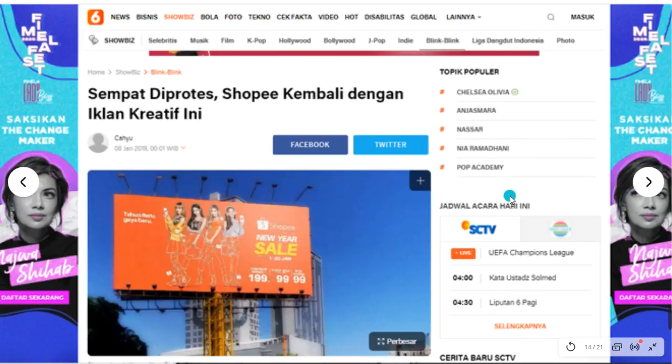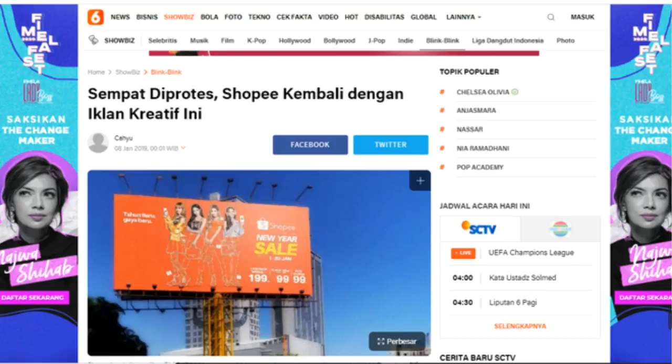If you're talking about ads, of course, the interest served is the product itself because it is to promote the product. But this is news which tells the audience about an advertisement. So from the title, we can see that the writer gives positive diction with the word creative, and it also shows a contradiction, sympathy protest.